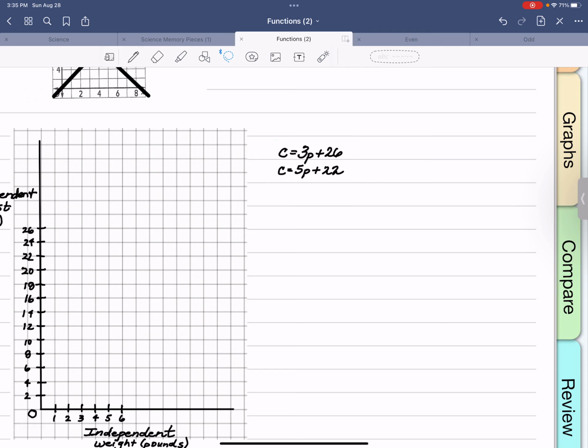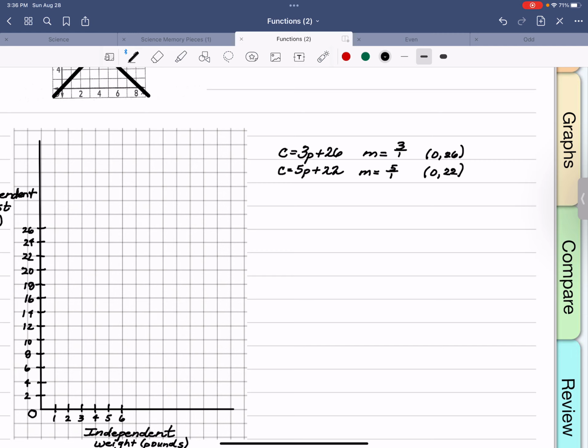For this one, we said the slope is 3 over 1, rise over run, and the y-intercept is 26. For this one, we said the slope is 5 over 1, and the y-intercept is 22.